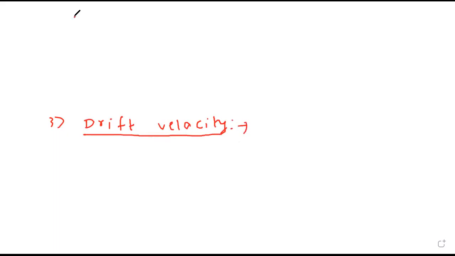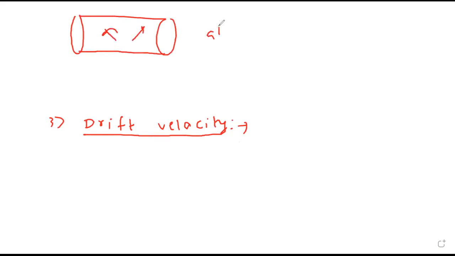Third one, drift velocity. See, electrons which are moving in the absence of an electric field or potential are removed from the orbit due to thermal agitation.